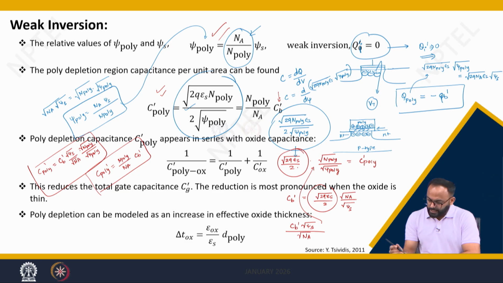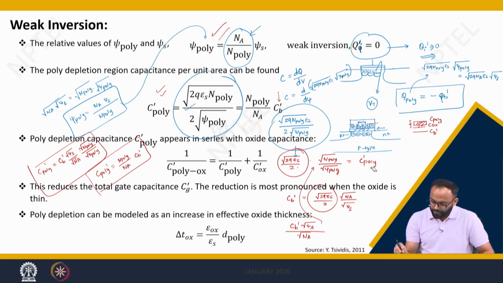Now, if you closely see the overall capacitance in previous cases when the metal gate was there, the overall capacitance was a series combination of Cox and the body capacitance, which we generally called Cb dash, right. But here in weak inversion, when Qi is negligible, the overall capacitance in series is Cb, Cox and C poly. So, let me define a new capacitance, a combination of Cox dash and C poly, to get the equal effect of these capacitances at the surface.